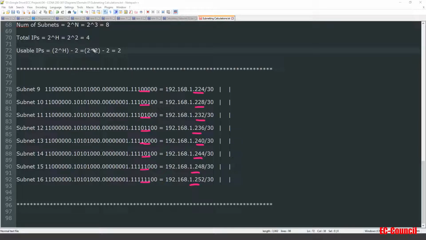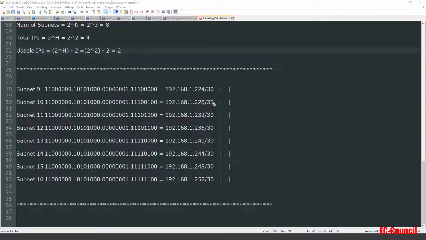And if you recall from this formula, total IPs, we have 4. And 4 is our incremental value between each of these subnets. And then we have 8, which is our 8 total possibilities. So what we can do next is simply calculate our ranges. So let's do that now.